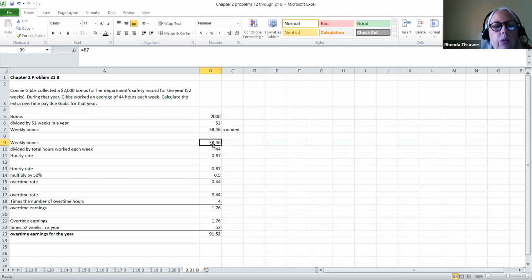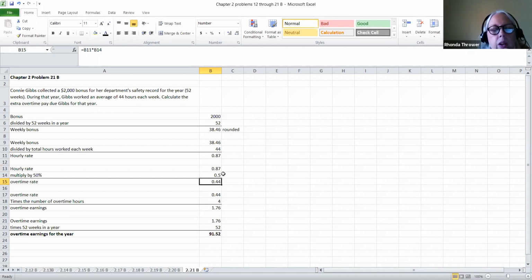The weekly bonus amount would be divided by the hours worked to get the hourly rate. Our hourly rate is then multiplied by 50% to get the overtime rate. And the overtime rate is 44 cents.